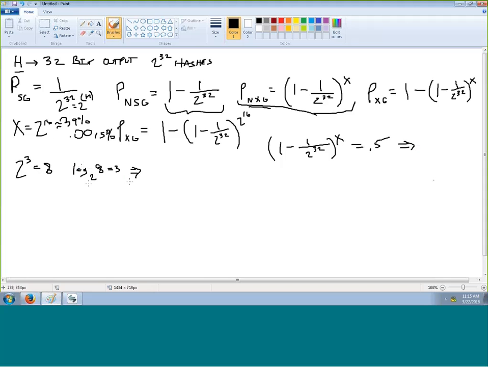For our change of base formula, we can simply say log of our answer over log of our base. This way, it doesn't matter what the new log's base is. So with that in mind, log 2 cubed equals 8. Here we see that our base is at the bottom, so log of 1 minus 1 over 2 to the 32nd.